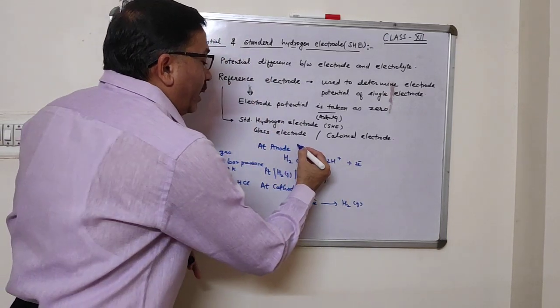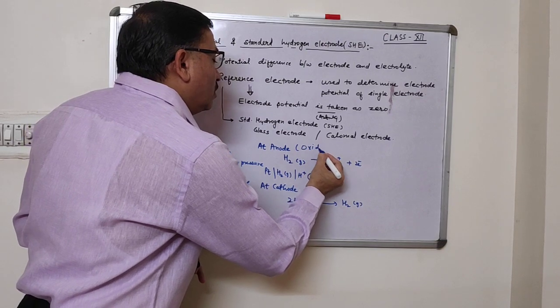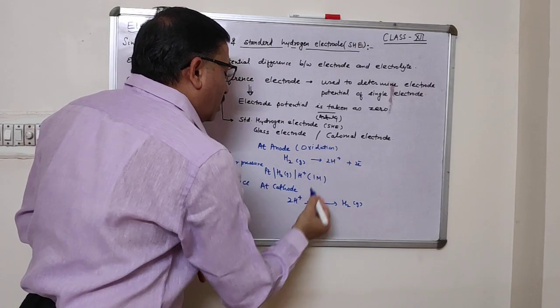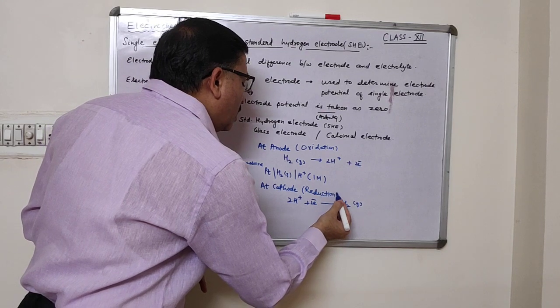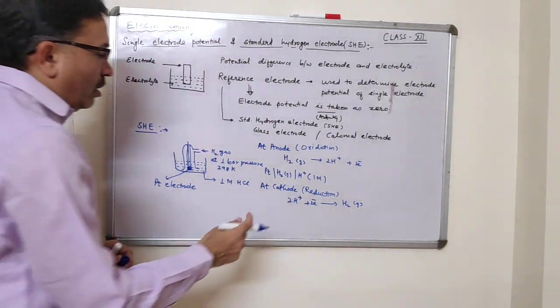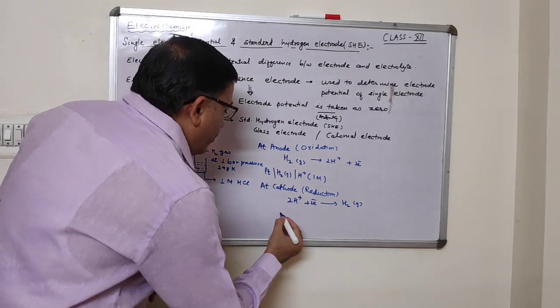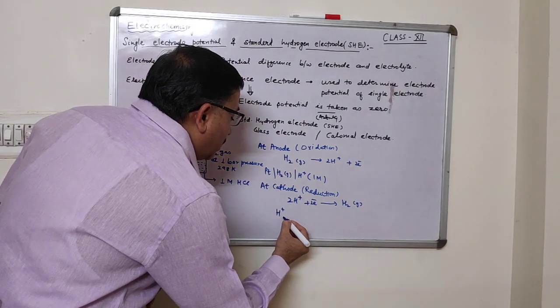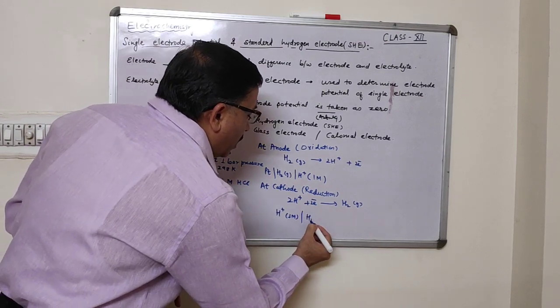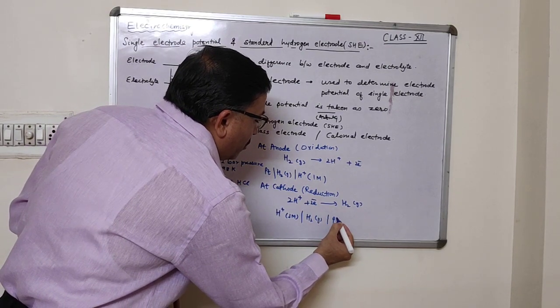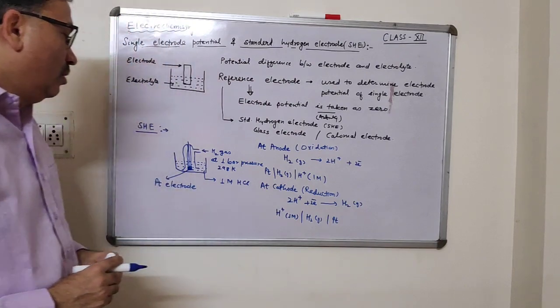Here at the anode it was oxidation, at the cathode it is reduction. So the half cell can be formed like this: H+ ions with 1 molar concentration converting into hydrogen gas, and we use the platinum inert electrode.